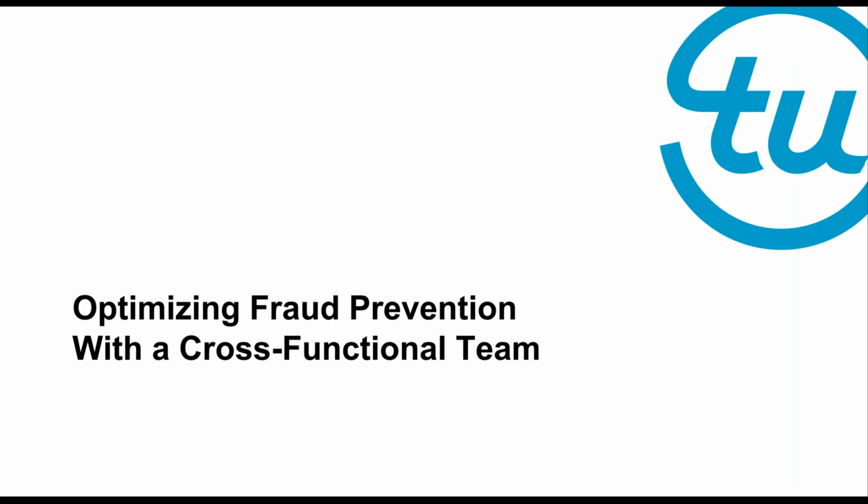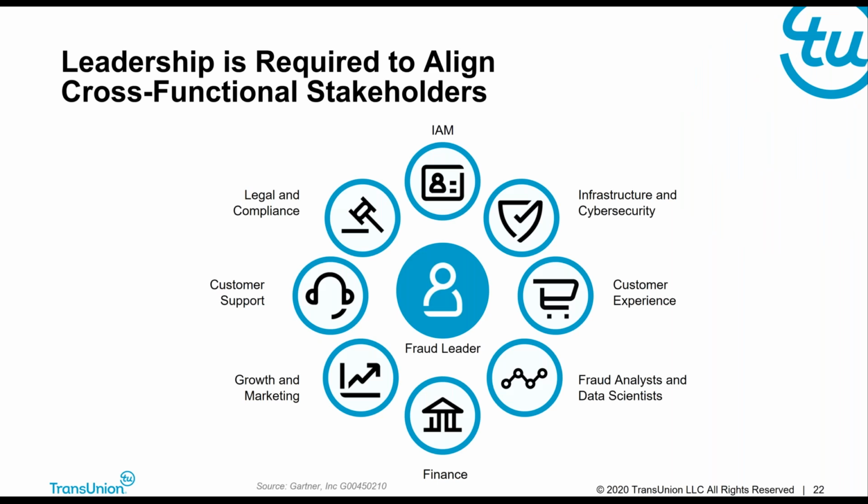All right, so now moving on to how you can optimize fraud prevention with a cross-functional team. So I think fraud is one of those parts of the organization that's really unique because it's hitting on a lot of different areas of the business. So you have stakeholders across identity and access management, infrastructure, cybersecurity, customer experience.